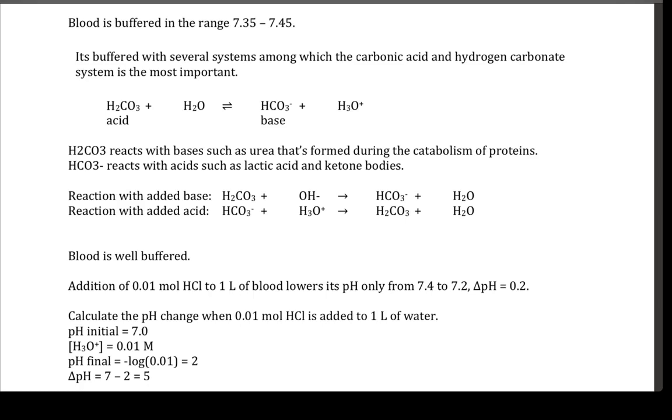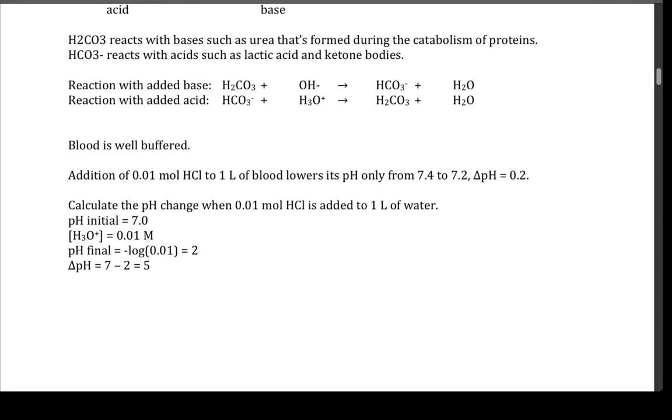When we add the 0.01 moles of HCl to 1 liter of it, we have the H3O+ ion concentration to be 0.01 molar. So the final pH is the negative log of 0.01, or 2. So we get that the delta pH is 7 minus 2, or 5, a much bigger change. And in this way, we're showing how blood is well buffered.